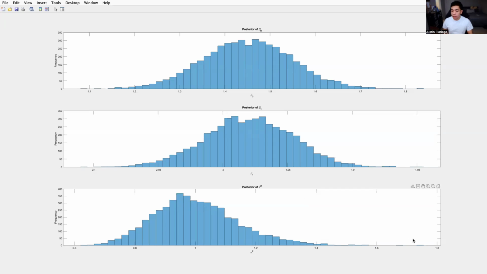So if we plot this all in MATLAB, we should see here the posterior of our estimate for the model intercept, for beta 0. This is our estimate for the posterior of beta 1. And this is our estimate for the posterior of our error variance over here. So what do these things mean?